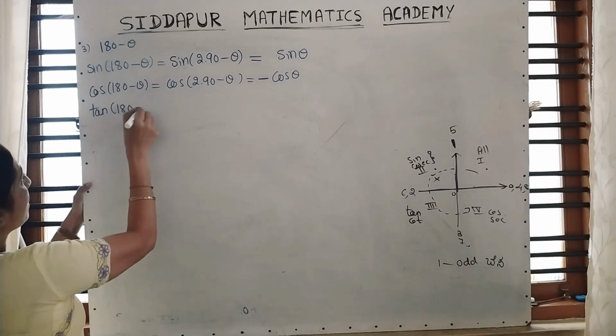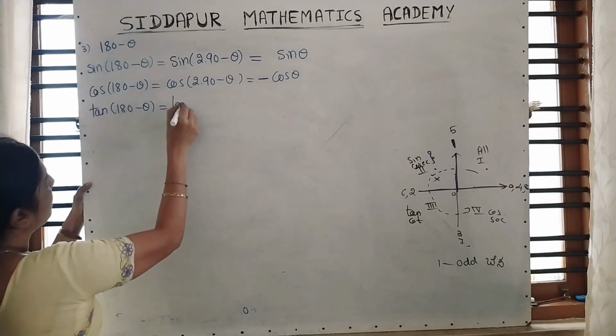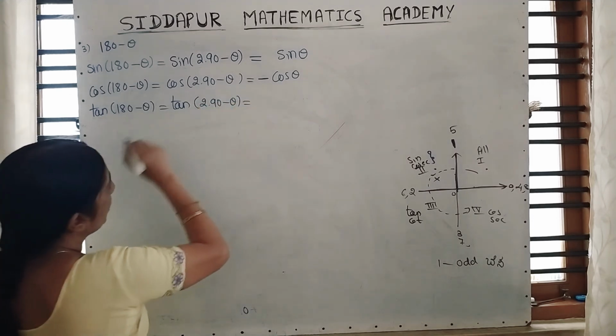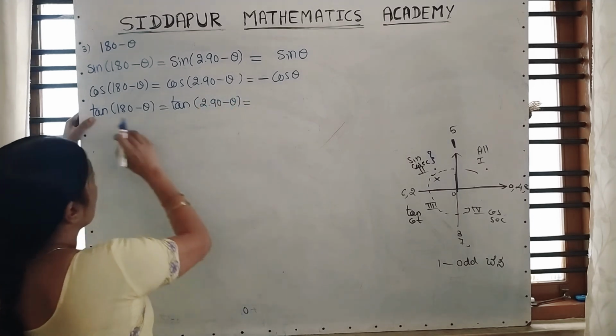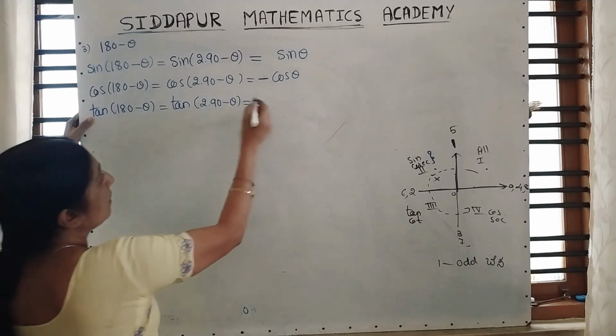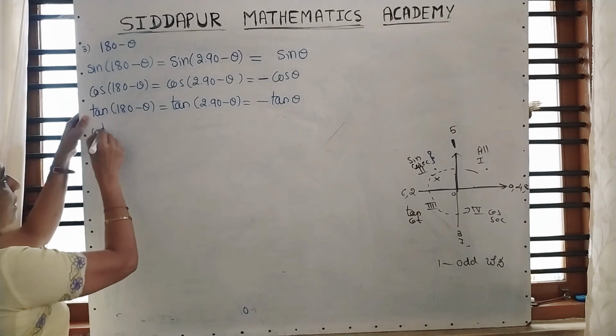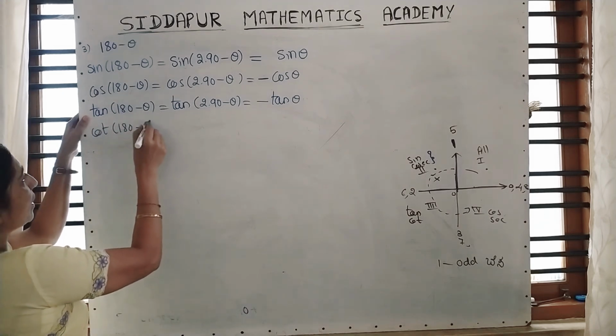Tan 180 minus theta is tan 2 into 90 minus theta. 2 is even, tan remains tan. But tan is negative in the second quadrant. If tan is negative, cot is also negative.